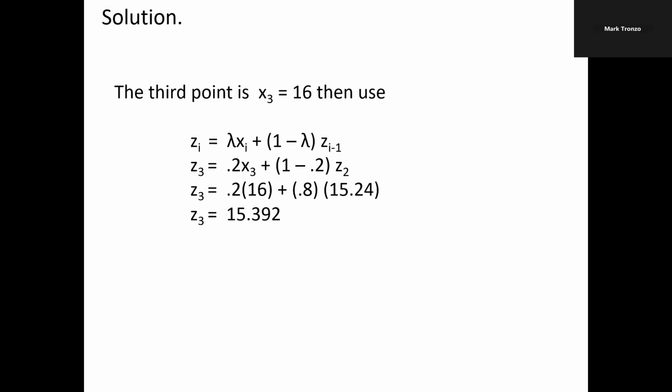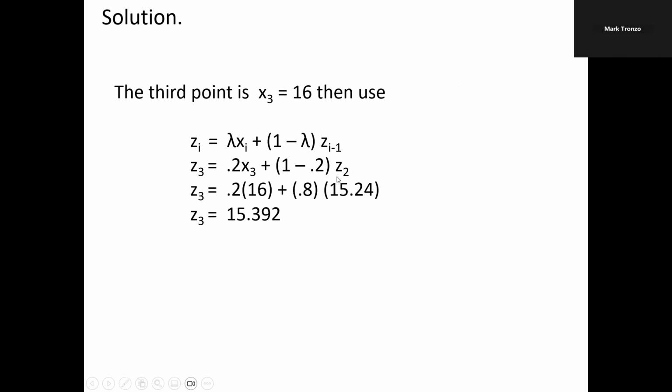And continue on. Our third point from our data was 16, and that's going to be our x3. And so for z3, it's 0.2 x3 plus 1 minus 0.2 times z2. Again, remember, the last term here is always i minus 1. So if i is 3, then it's going to be 3 minus 1, which is 2.